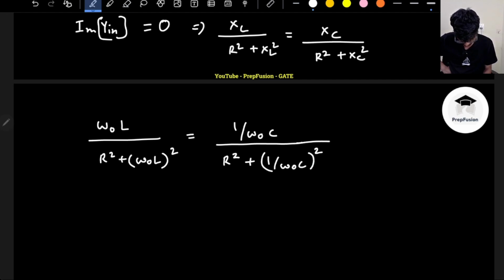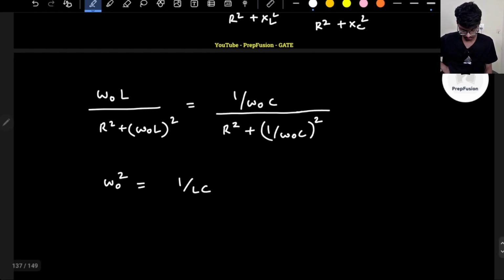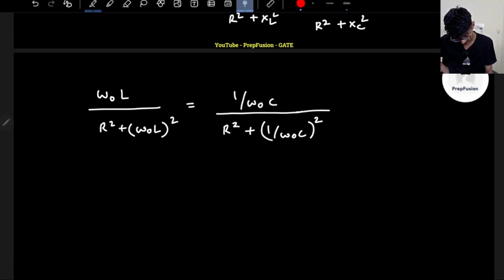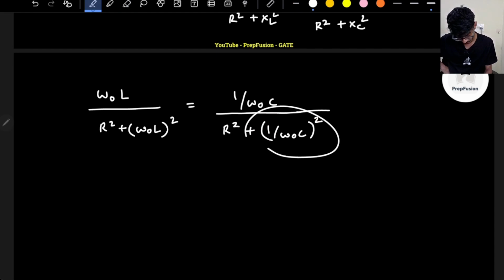So this will be omega naught whole square equals 1 by LC. Before that, let me multiply by this denominator.